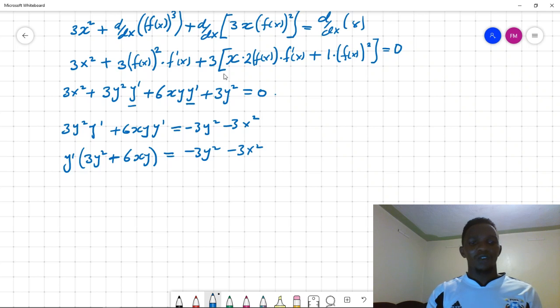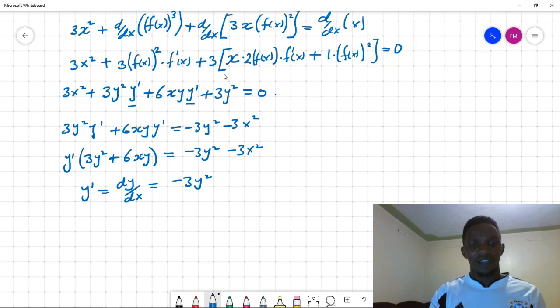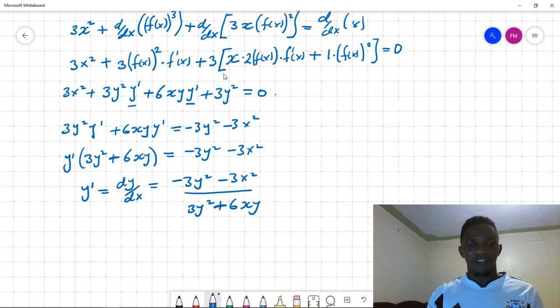So we divide all through by this term, so we will have y prime, which is the same as dy over dx, is going to be given by minus 3y squared minus 3x squared all over 3y squared plus 6xy.